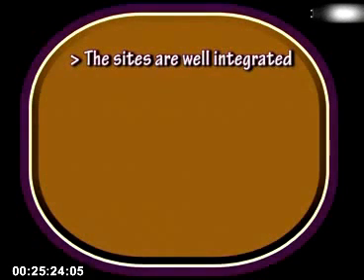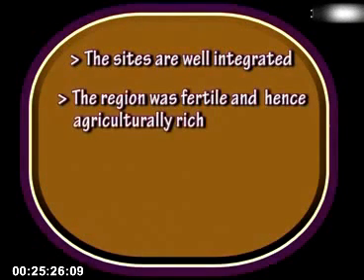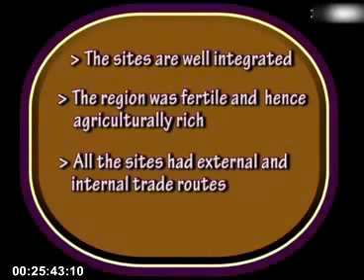All the sites are agriculturally rich, right? They were extremely fertile regions, and they had abundance of natural resources. And last but not least, all these sites had external and internal trade routes.